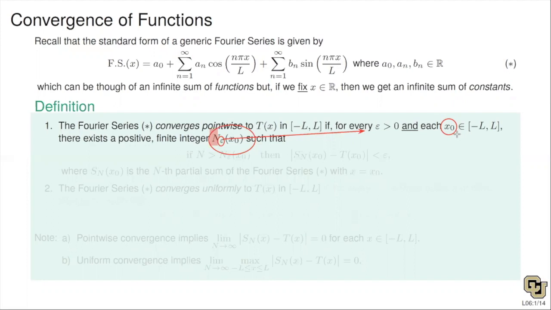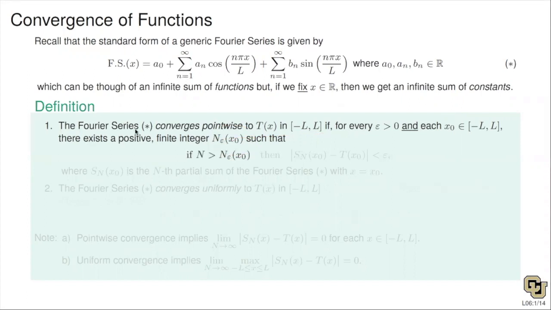So here the capital N is dependent on the tolerance as well as the location. So how accurately it converges will not just depend on our choice of tolerance, but in this case, will also depend on where we're looking at the function, the actual location on the domain.